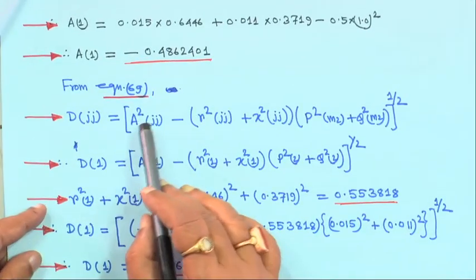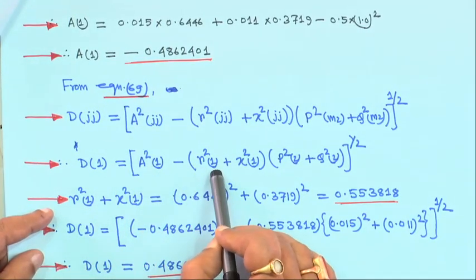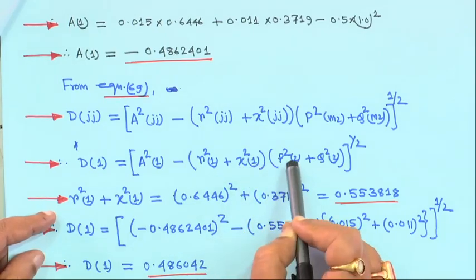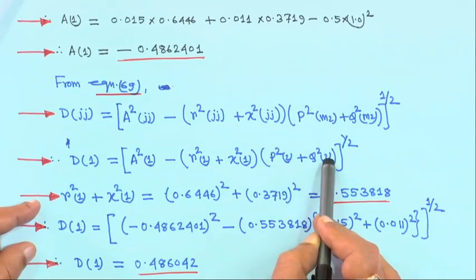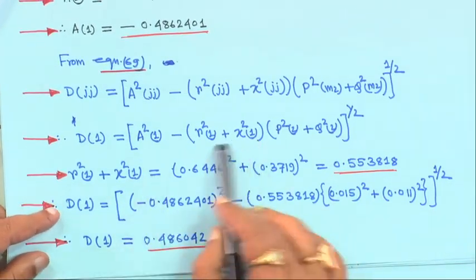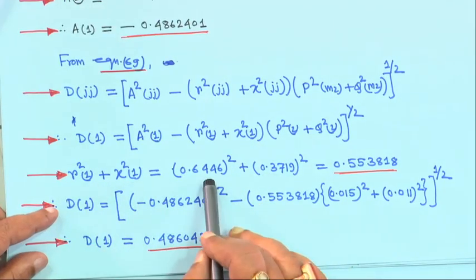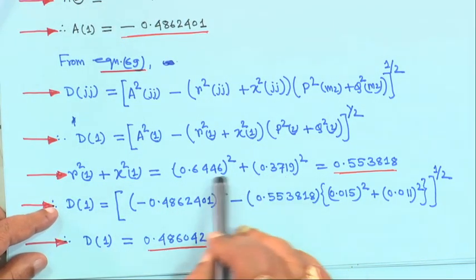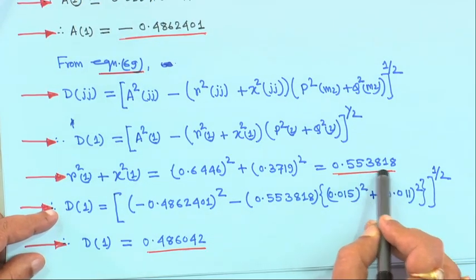Therefore, jj is equal to 1, therefore, D1 is equal to (A1 square minus (R1 square plus X1 square) into (P2 square plus Q2 square)) to the power half, and m2 is equal to 2 for jj is equal to 1. Therefore, you calculate this term R1 square plus X1 square. So, R1 square plus X1 square is 0.6446 square plus 0.3719 square, which is equal to 0.553818.